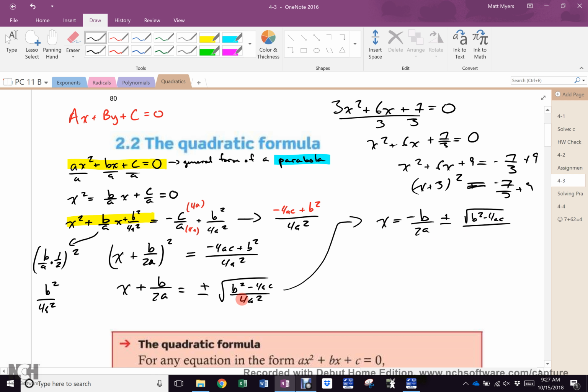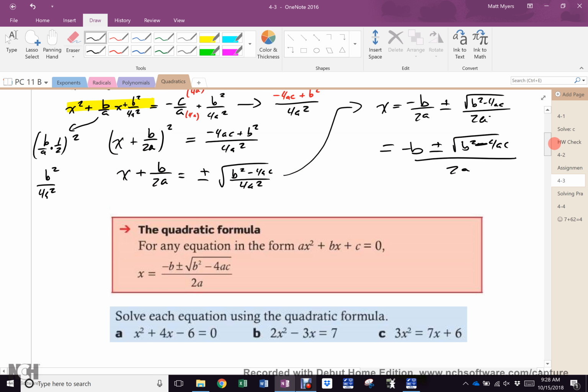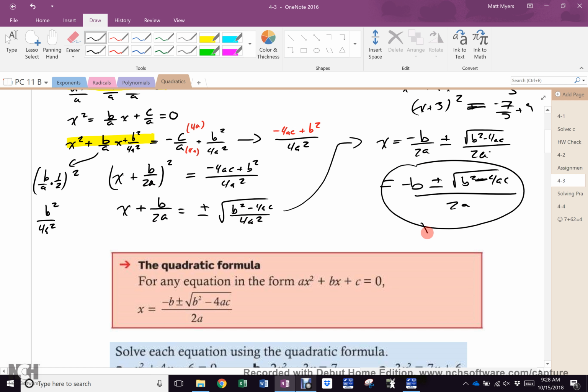What is the square root of 4a squared? 2a. Are these the same now? Yeah. So negative b plus or minus the square root of b squared minus 4ac over 2a. And that is where we get that.